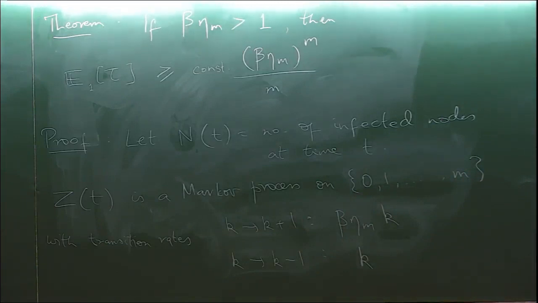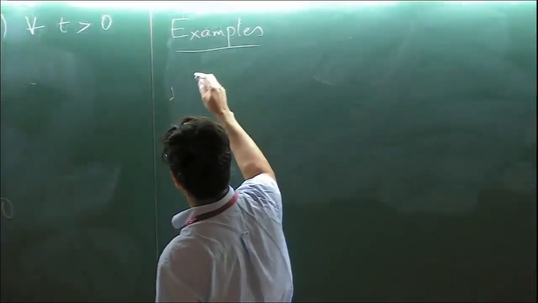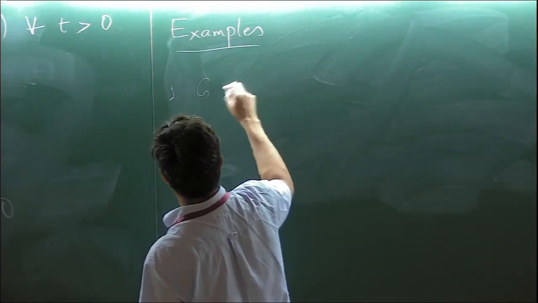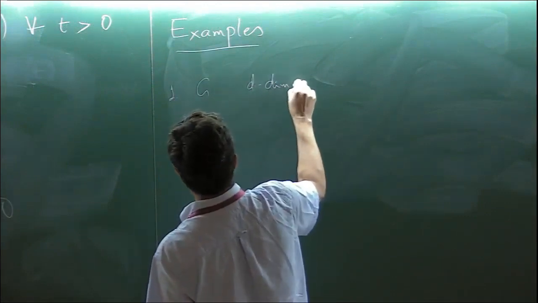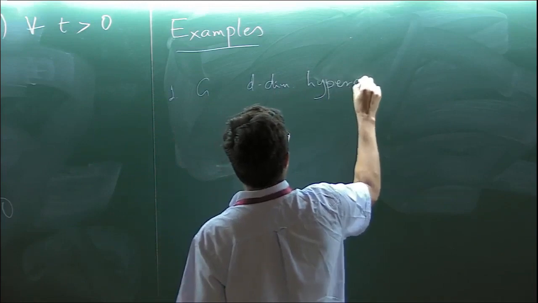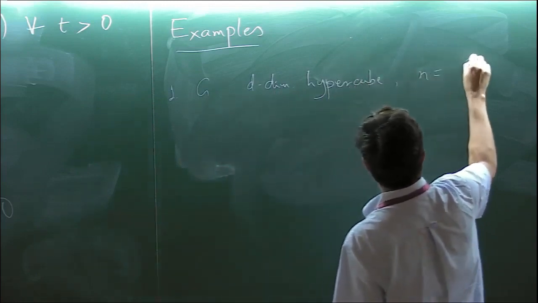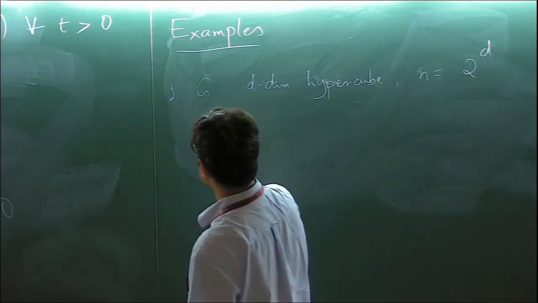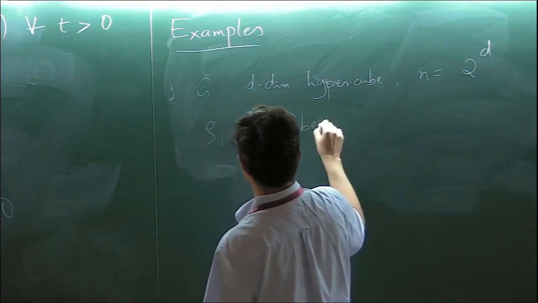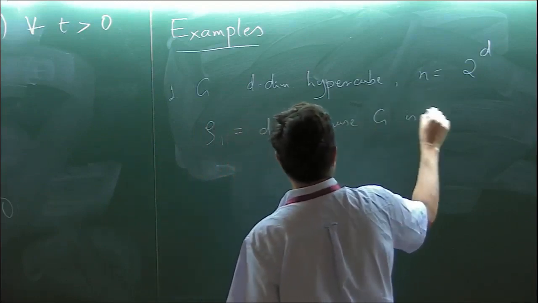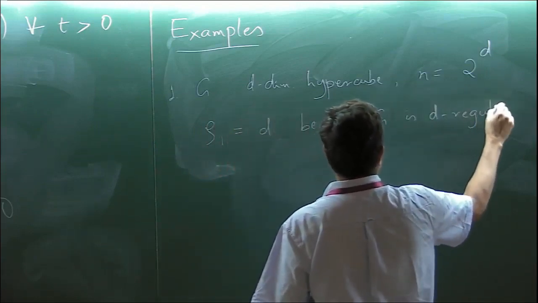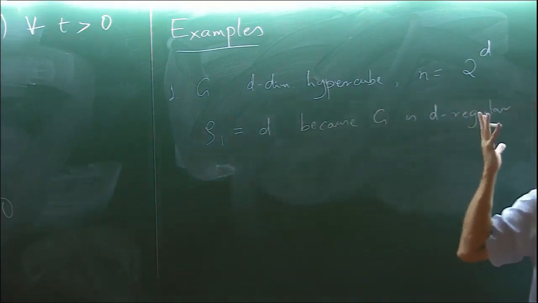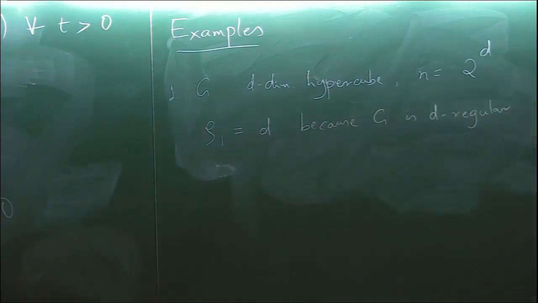Okay. So the first example, let's look at G the d-dimensional hypercube. So n is 2 to the d. Rho 1 equals d because G is d-regular, which means the all-ones vector is an eigenvector of the adjacency matrix with eigenvalue d, and so that has to be the Perron eigenvalue because it's a positive vector.